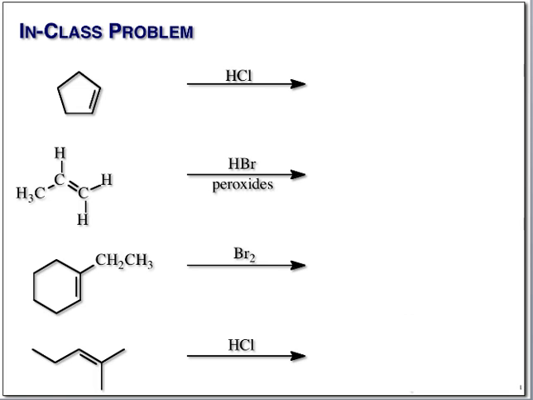Now I think you can see how you can write an organic test that could be really interesting. In chapter 9, which we'll do next week, we will take all of these plus alkyne reactions and combine them into what's known as synthesis, where we work backwards, do our reactions backwards. That's the real fun of it.